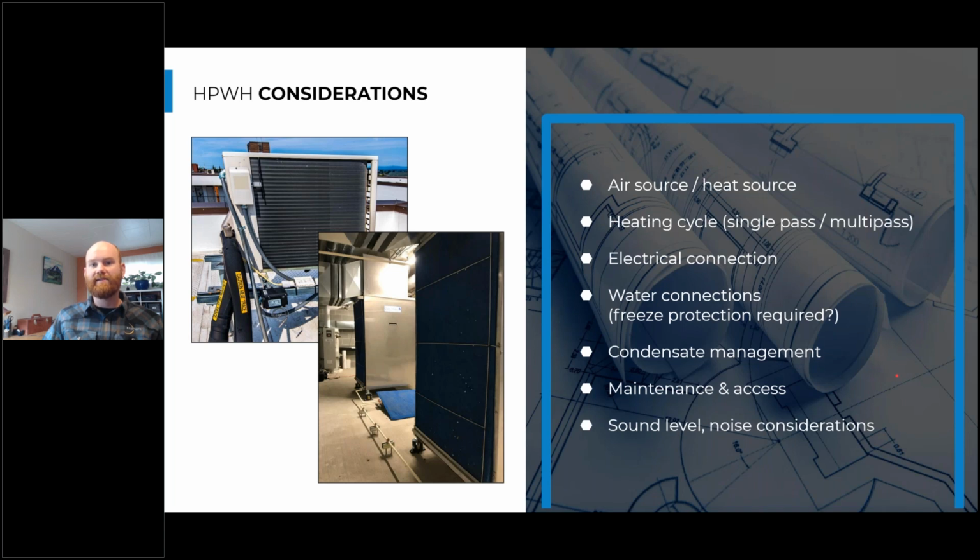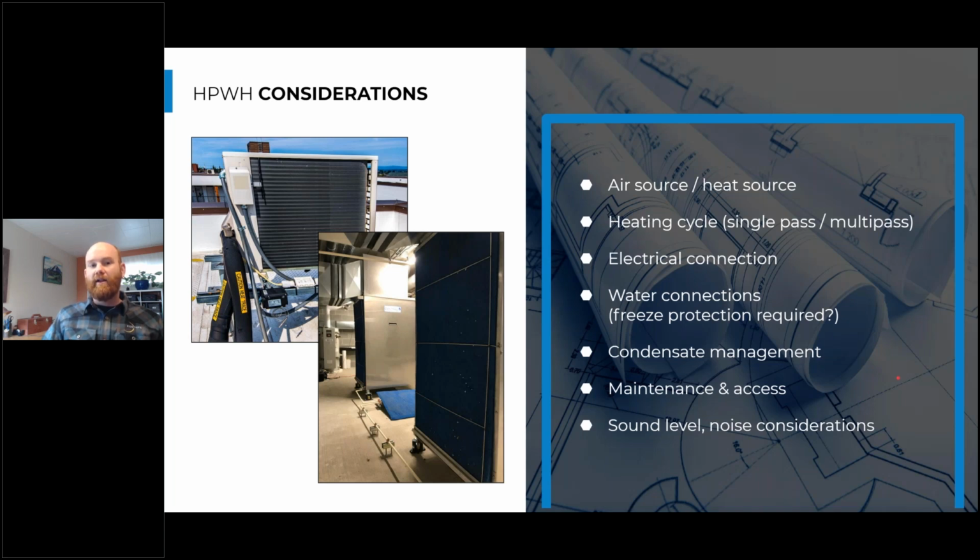And then one of the last most important considerations is the sound level and the noise that may or may not transfer to the nearby residences. The commercial heat pump water heating systems can range from 45 decibels to 65, 70 decibels, depending on what product you're using and how it's operating.